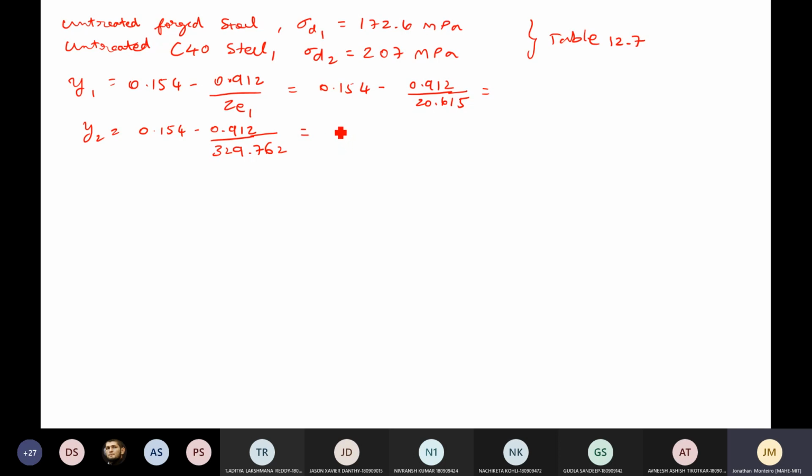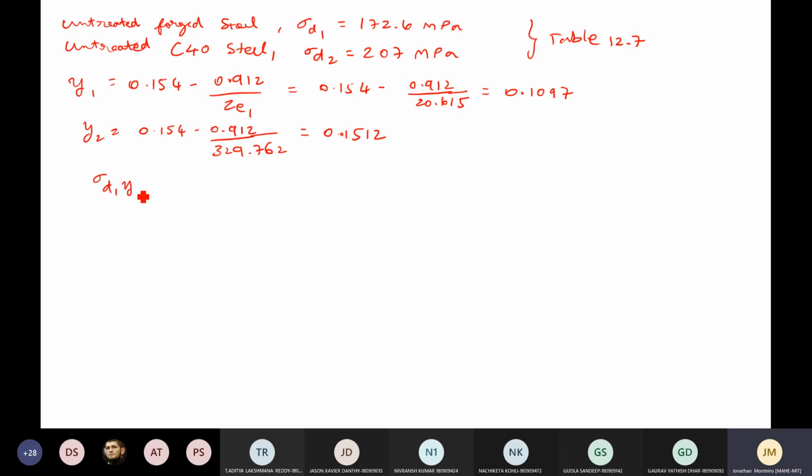So y1 value will be 0.1097, and y2 will be 0.15123. So y1 and y2 is this.